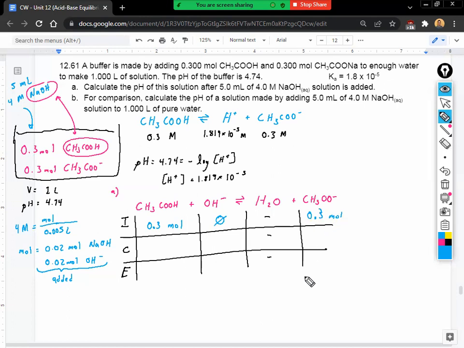All right, so now we got to talk about the change. Now, the only real change, or the first change to the system, was when we added hydroxide, right? So we're going to add some hydroxide. So we did all our math. What that tells us is we added 0.02 moles of hydroxide.